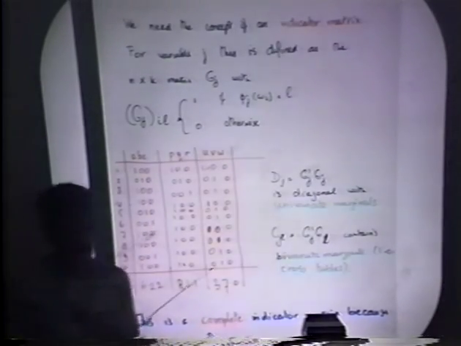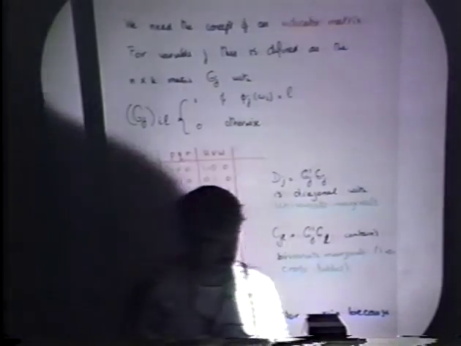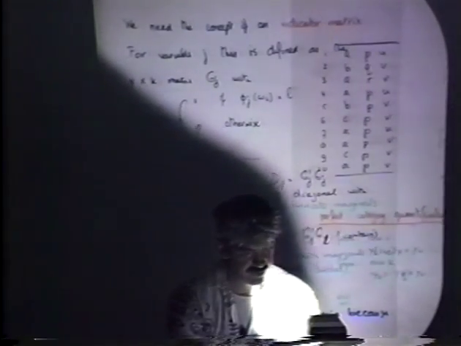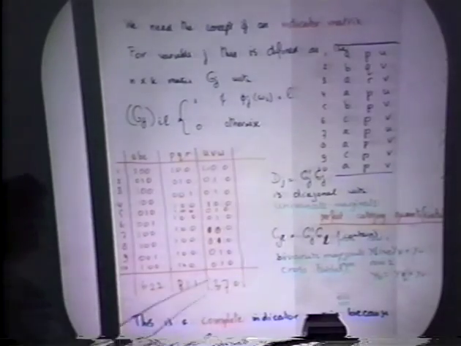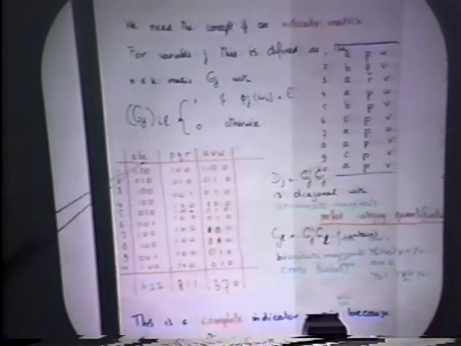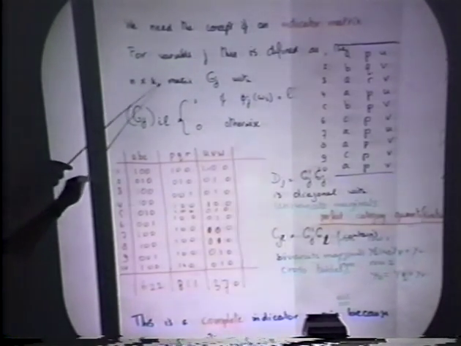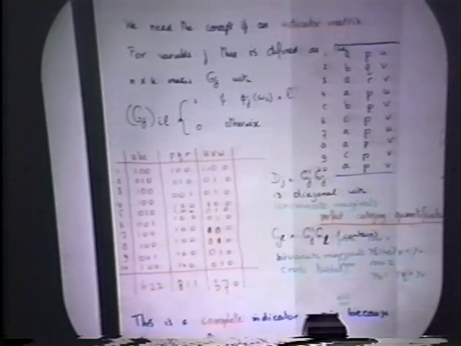So for the small example we had, the indicator matrix for the first variable is given here. It's a 10 times 3 matrix because n is equal to 10 and k is equal to 3.